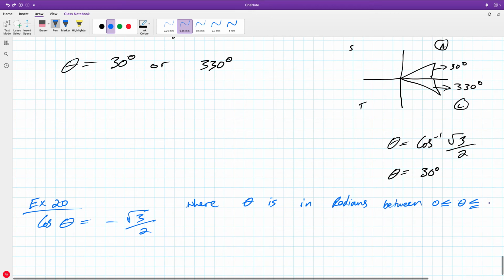We're dealing with radians. So I want you to get it for me in radians. So very much the same, you get our answer and then just throw it into radians. Is that alright?